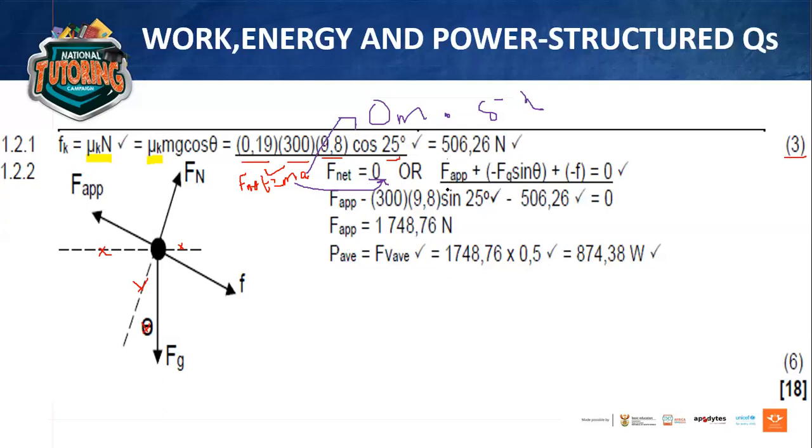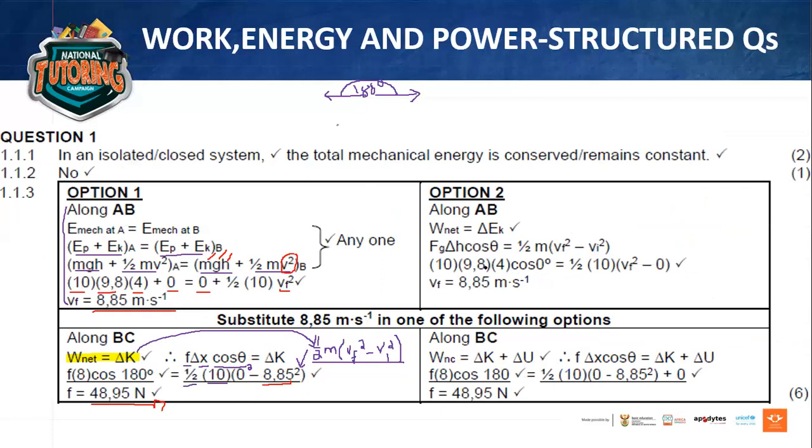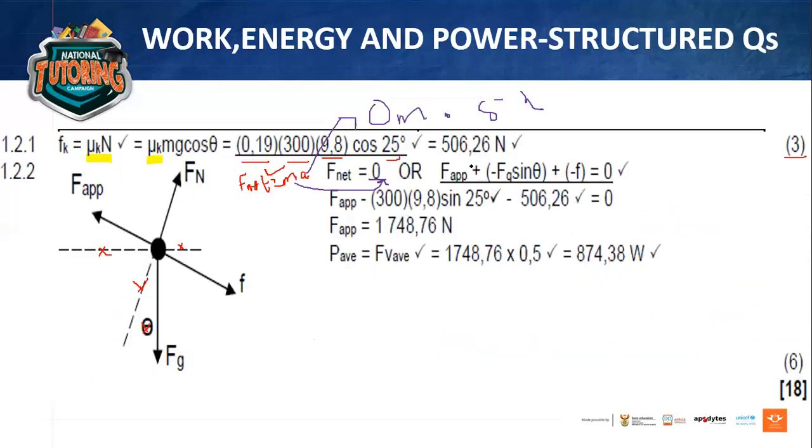It is the F applied, the kinetic friction as well as FG parallel. When you see FG sine theta, it means you are seeing FG parallel plus the frictional force.